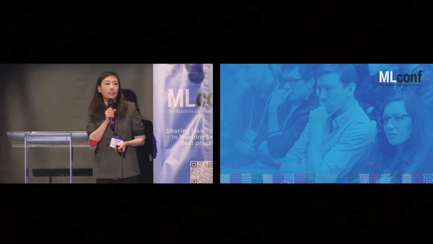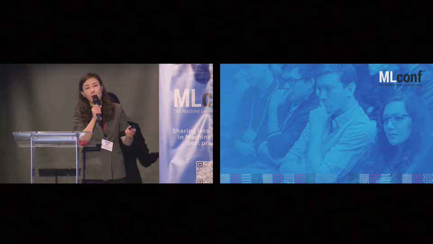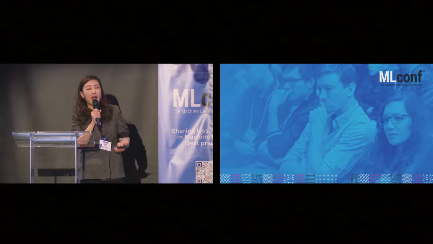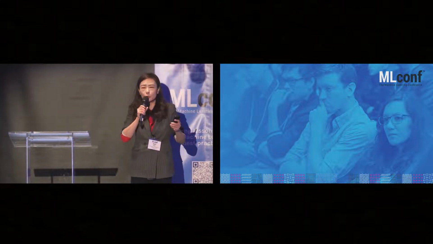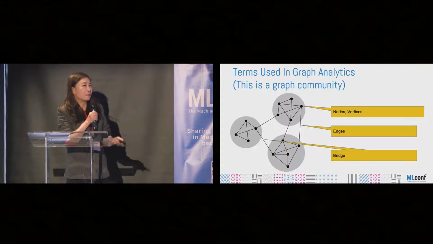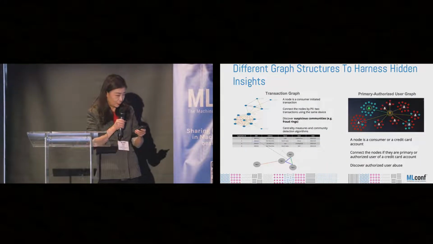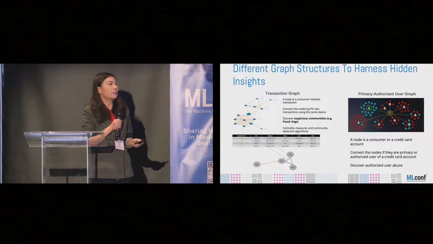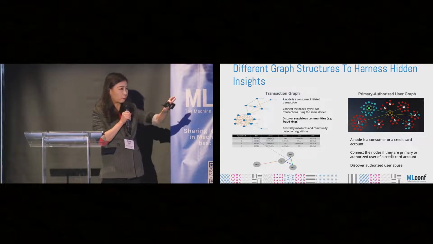Number two is that we find centrality type of graph-based measures are highly correlated to fraud occurrence. So what does that mean? As you can imagine, there's a graph. So let me go back so you can see some graph. If you can see this graph here, this graph example is actually a real fraudulent community.